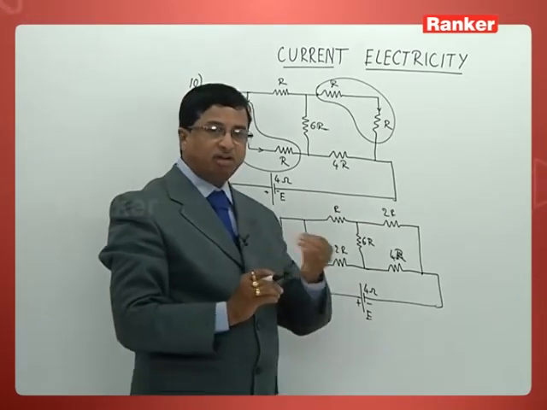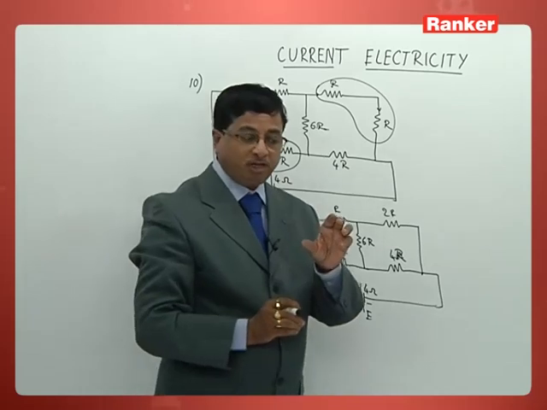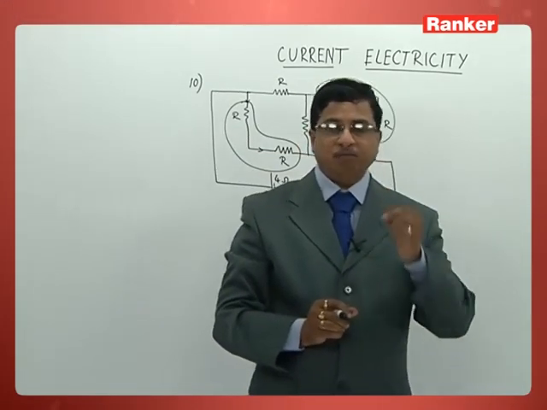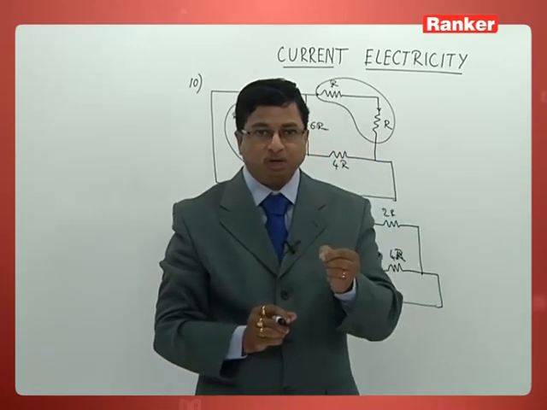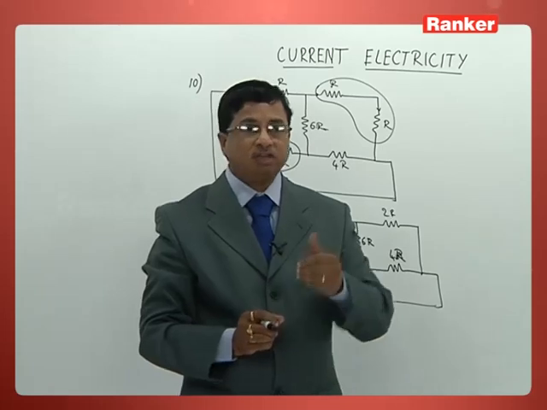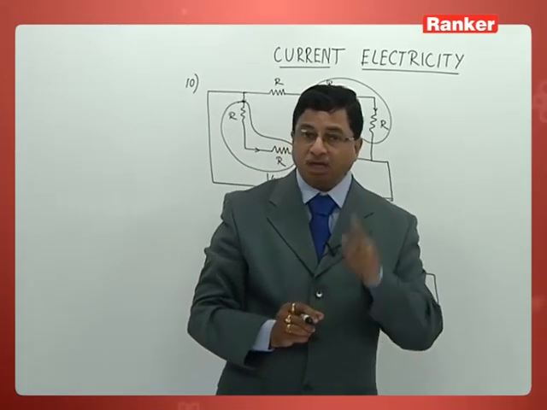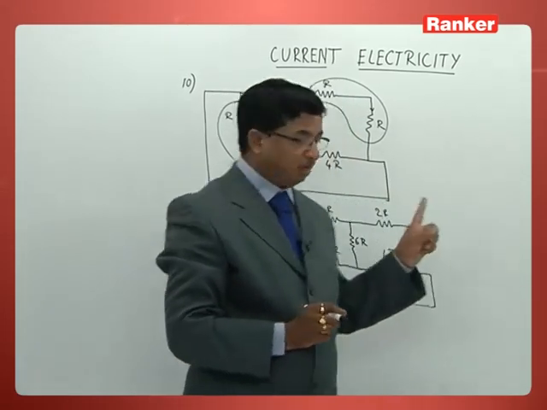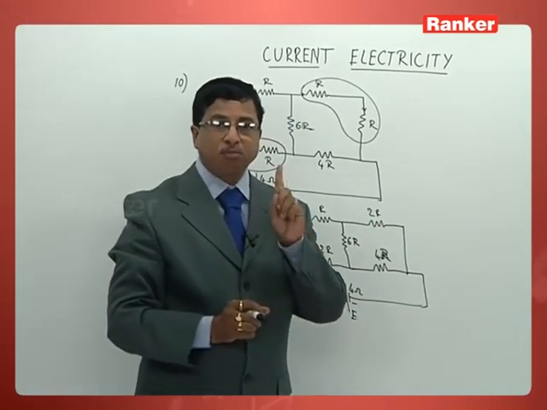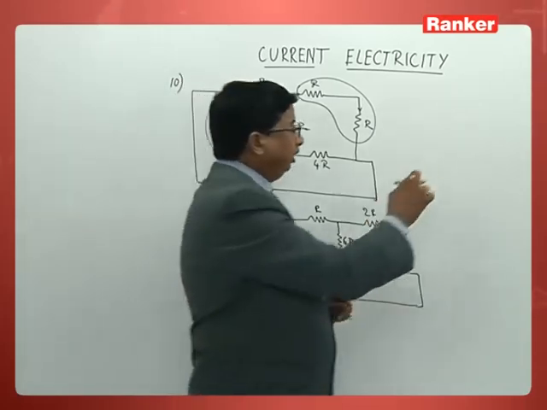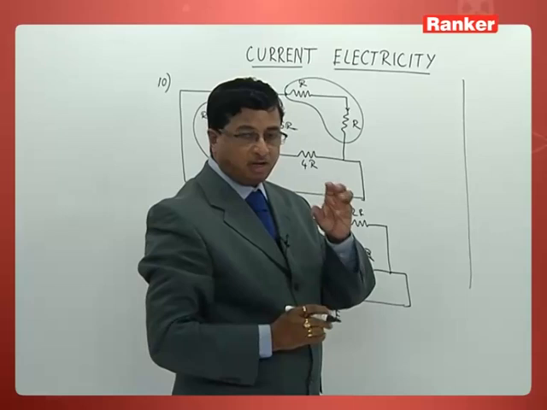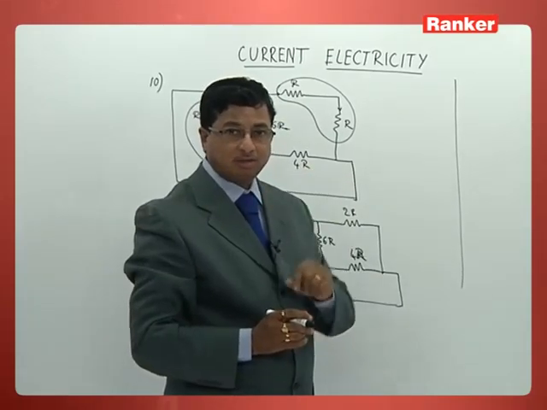But immediately, the moment you have simplified the circuit, the most important point should strike your mind. What is that? We have a construction of such kind which is called a Wheatstone bridge. Most of you must have got the correct idea behind that.